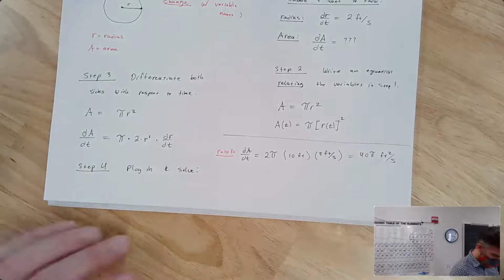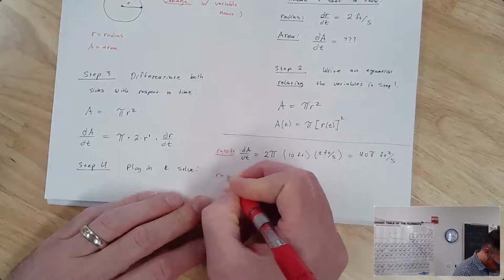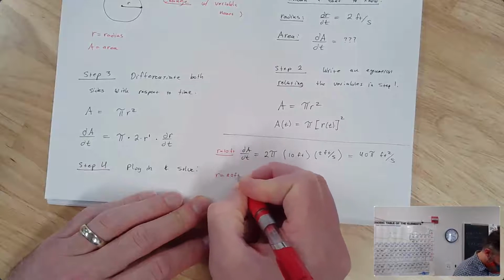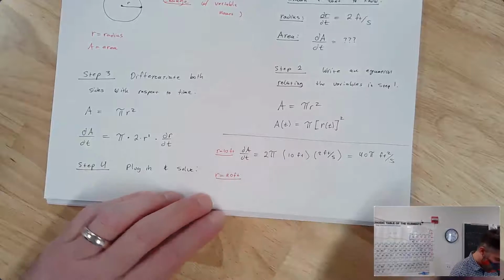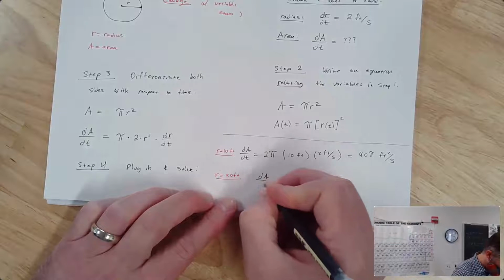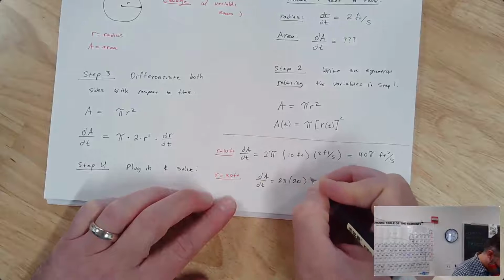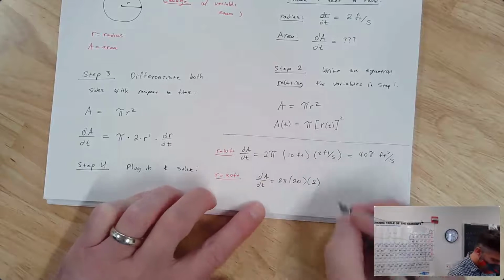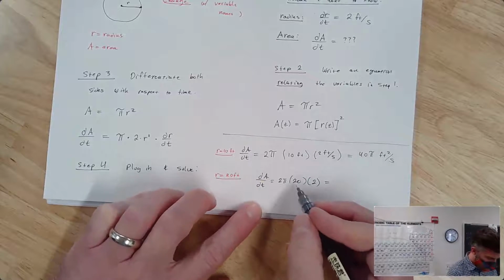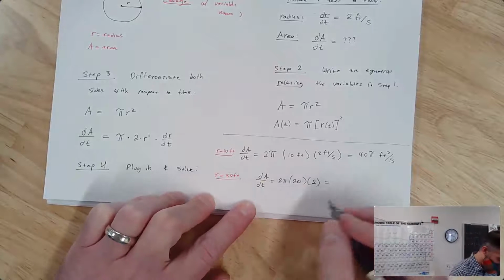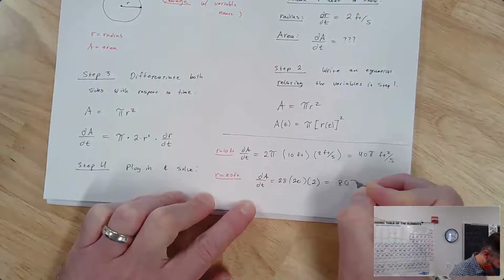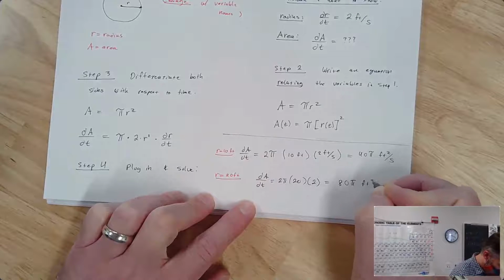On the other hand, when the radius is twice as big, so the radius is 20 feet, we're going to get the rate of change of area is going to be 2 pi times 20 feet times 2 feet per second. And that's going to be 2 times 20 is 40 times 2 is 80 pi square feet per second.